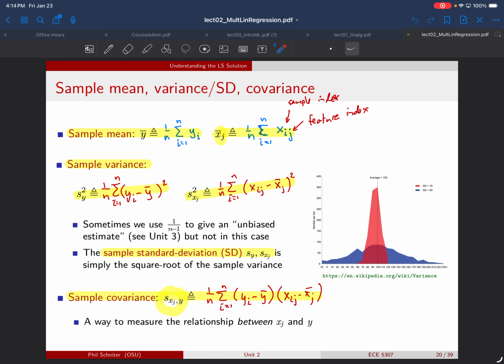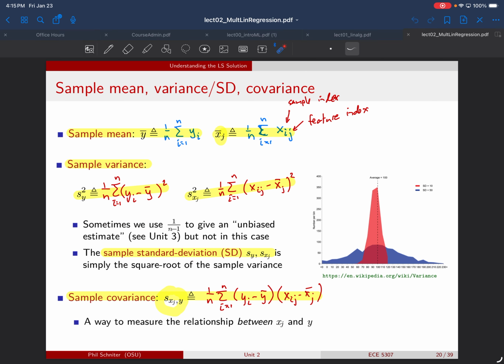There are a couple of different ways to notate this. One way is sy squared, and sy without the square is known as the sample standard deviation. We'll see that there's another way to write it based on this expression in just a moment. That would be the sample variance of the targets.